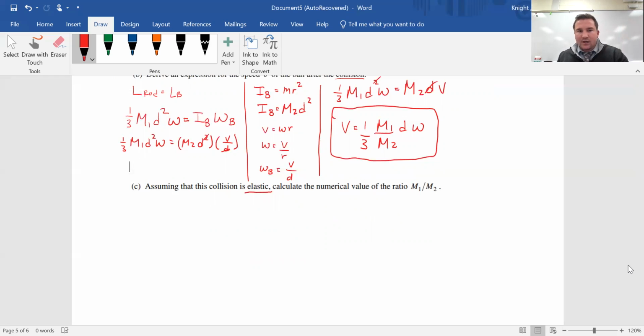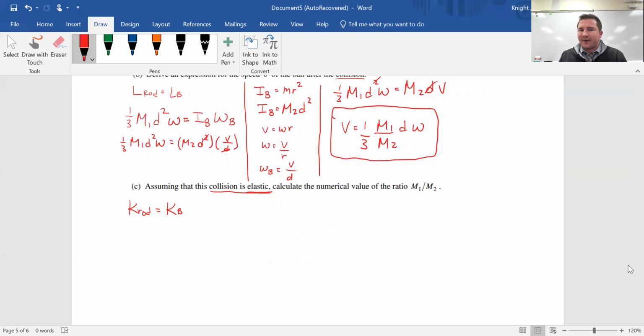So we need a second equation, and it tells us here that the collision is elastic, and we should know that in elastic collisions, kinetic energy is conserved. So the kinetic energy of the rod is going to be equal to the kinetic energy of the ball. All this is true because the rod is stopping after the collision.